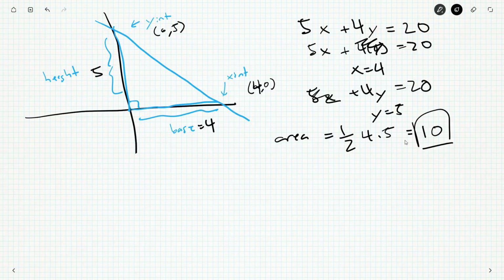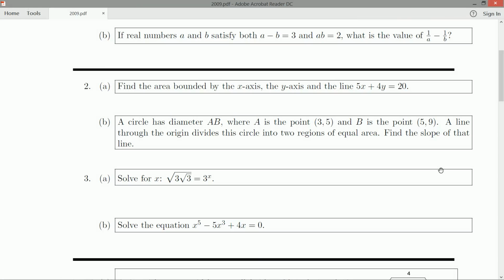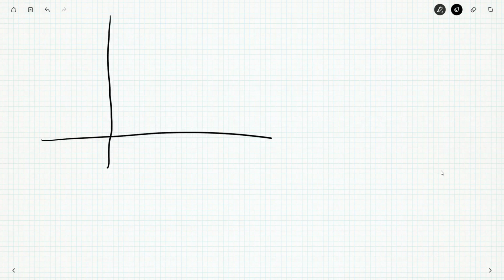I'm going to give myself another page. Let's draw our picture a bit. So we have AB, and it was 3, 5, and 5, 9.